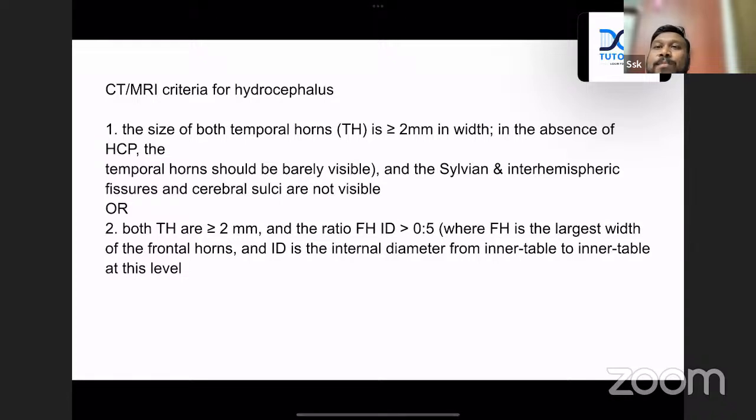You know that the temporal horn diameter should be more than 2 mm in width in hydrocephalus. In the absence of hydrocephalus, the temporal horns are very rarely visible. And if it is more than 2 mm and the frontal horn internal diameter ratio is more than 0.5, then it is suggestive of hydrocephalus.